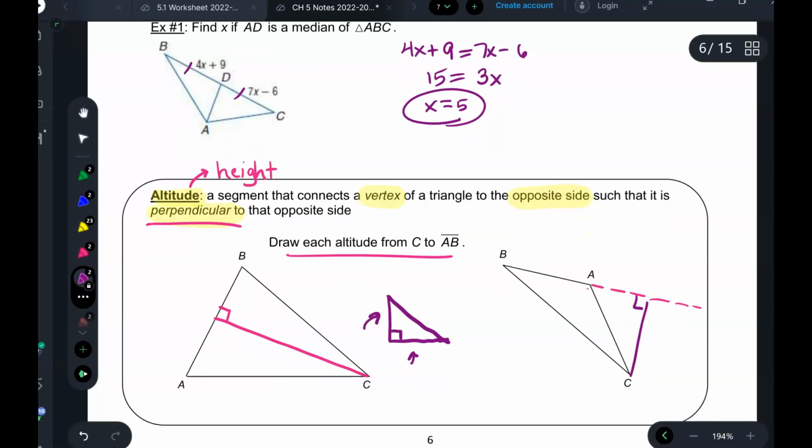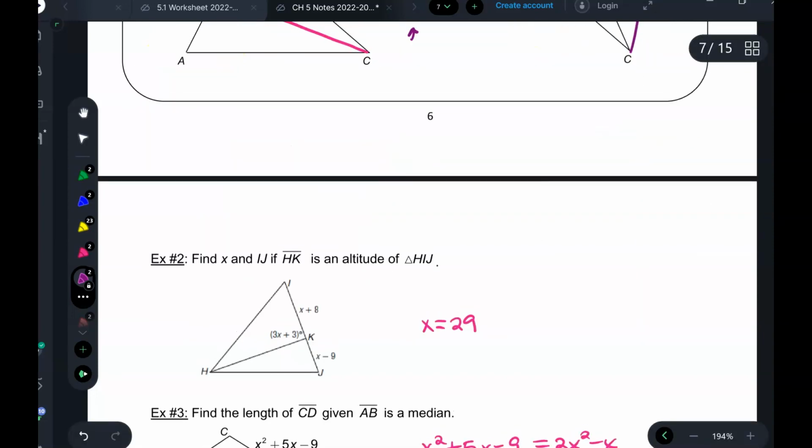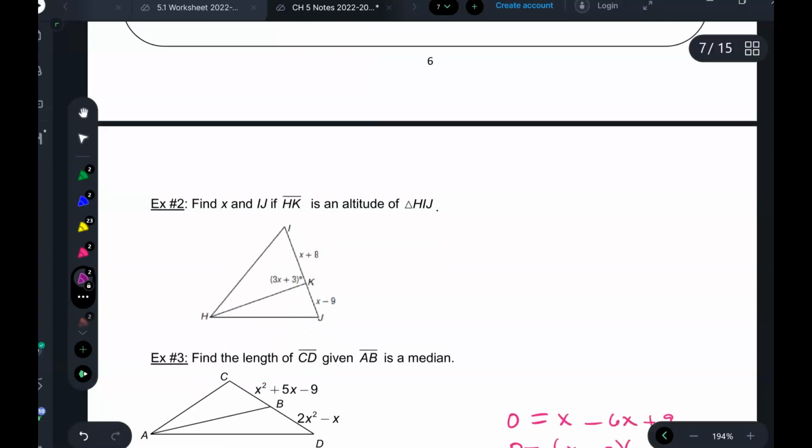All right, next page. Okay, what do we have? HK is an altitude, so we want to find the value of x and the length of IJ. What do you think? 3x plus 3 equals 9.